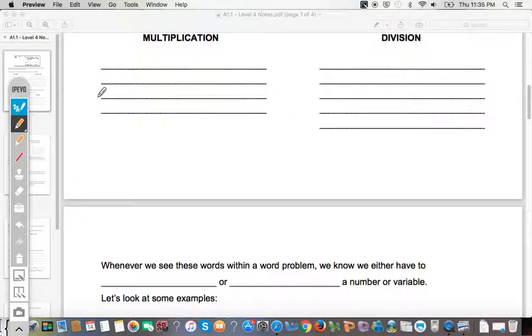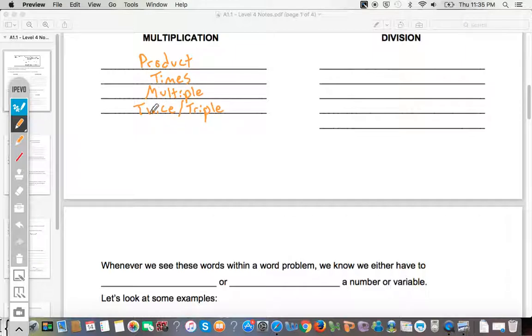Great, now let's move on to multiplication and division. So for multiplication, we have product, which I'm sure you've heard of before, times, the word multiple, and down here I've written twice as well as triple.